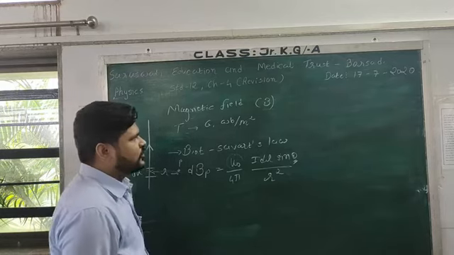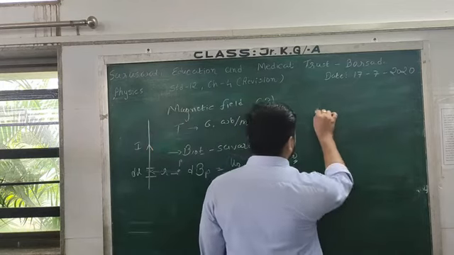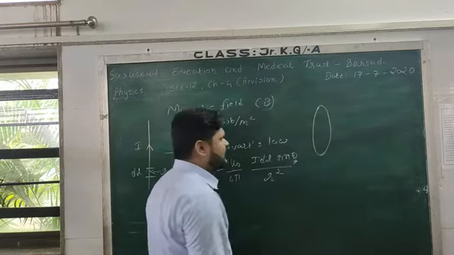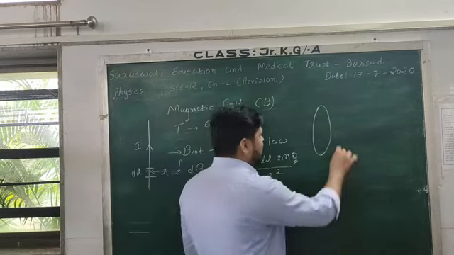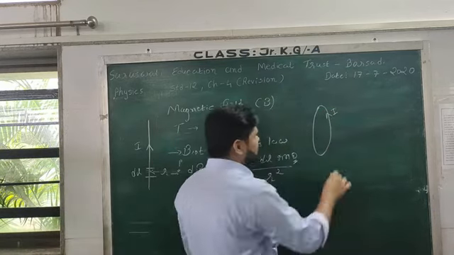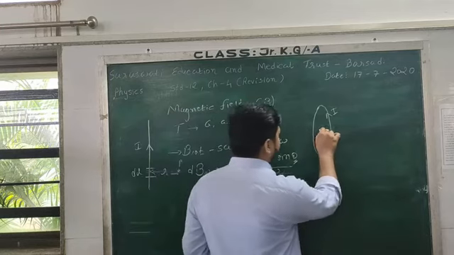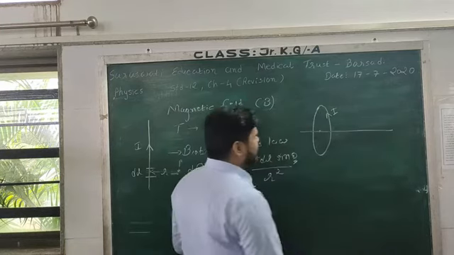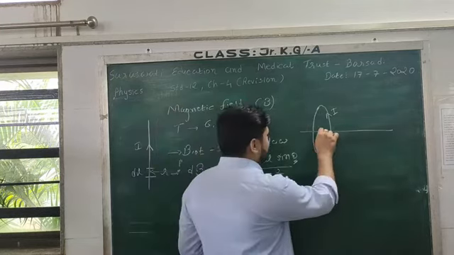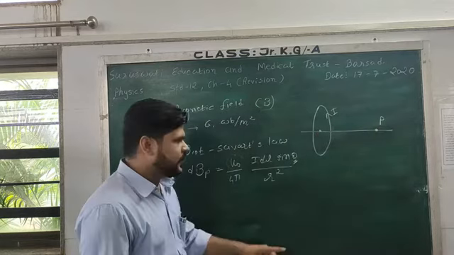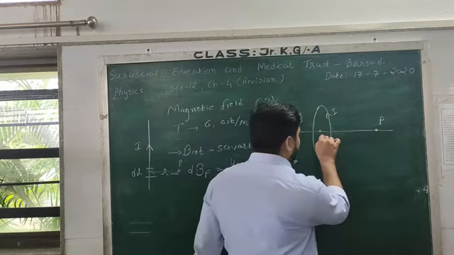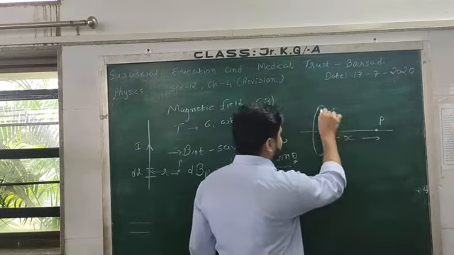There is one application of Biot-Savart law, that is to find out the magnetic field on the axis of a ring. Suppose this is a ring from which current I is flowing, and this is the axis of the ring, point P. Suppose point P is at distance x and the ring has radius r.